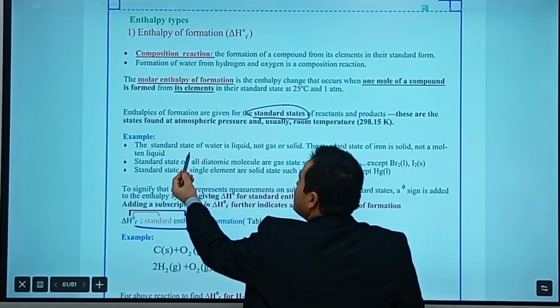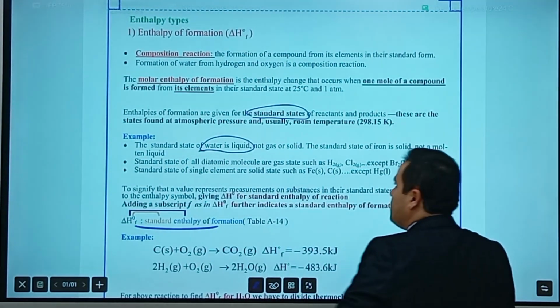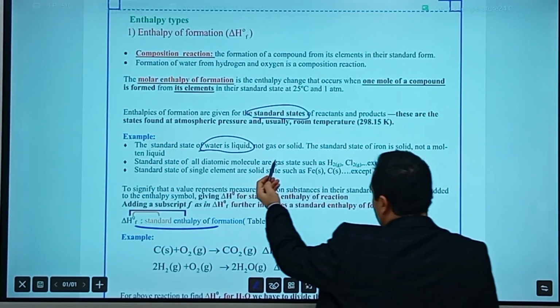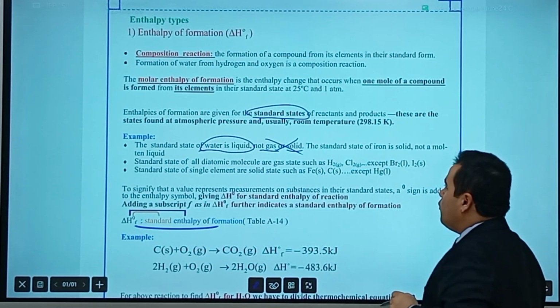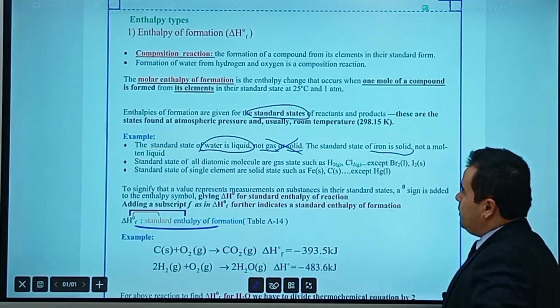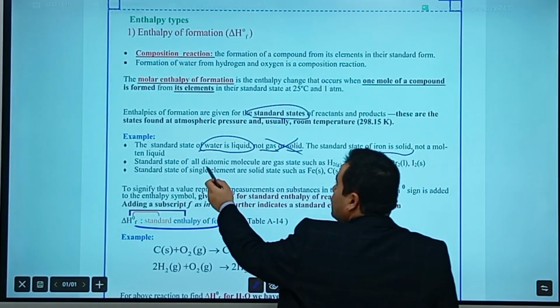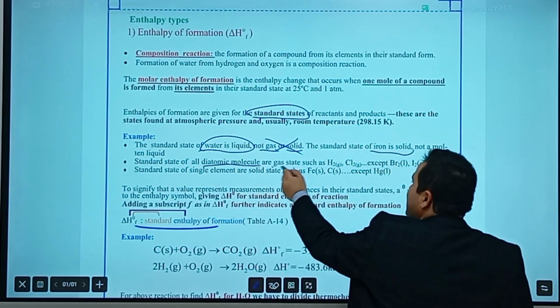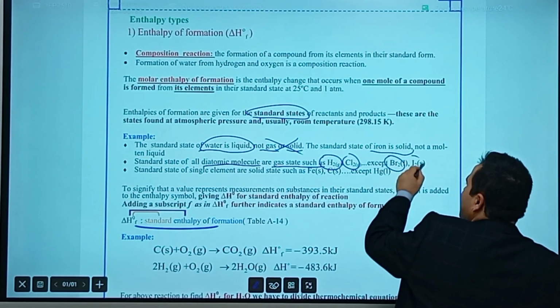The standard state of water is liquid, so the enthalpy of formation must be for liquid water. Gas and solid are not standard forms of water. The standard state of iron is solid, not liquid or other states. The standard state of diatomic molecules is gaseous, such as H2 and Cl2, except Br2 and I2.